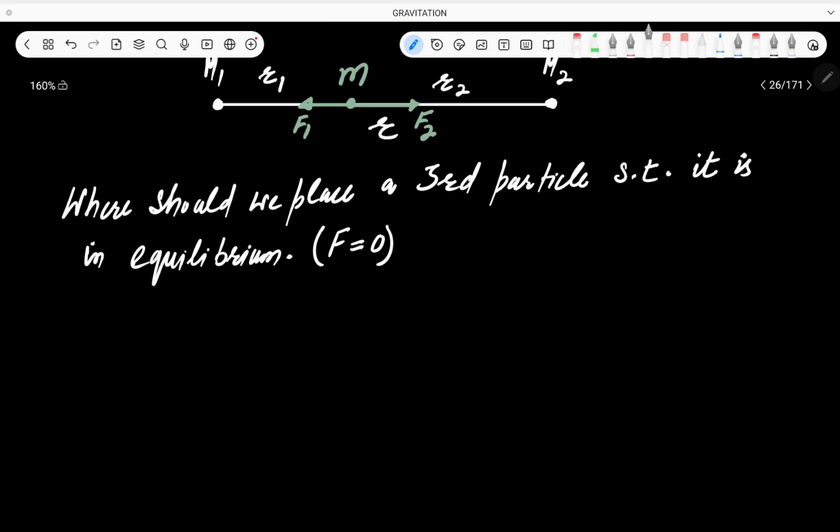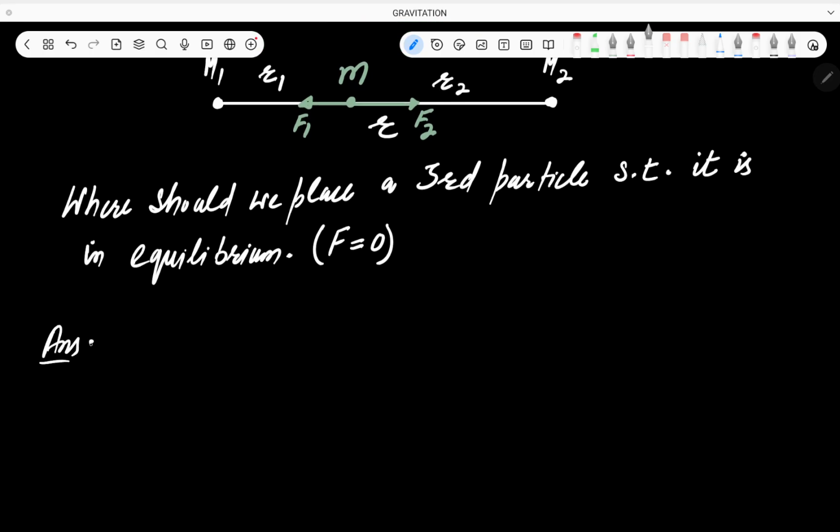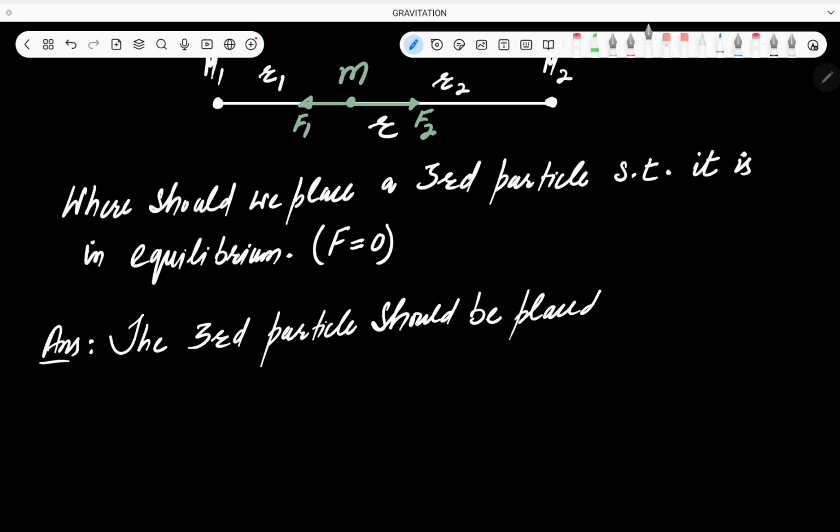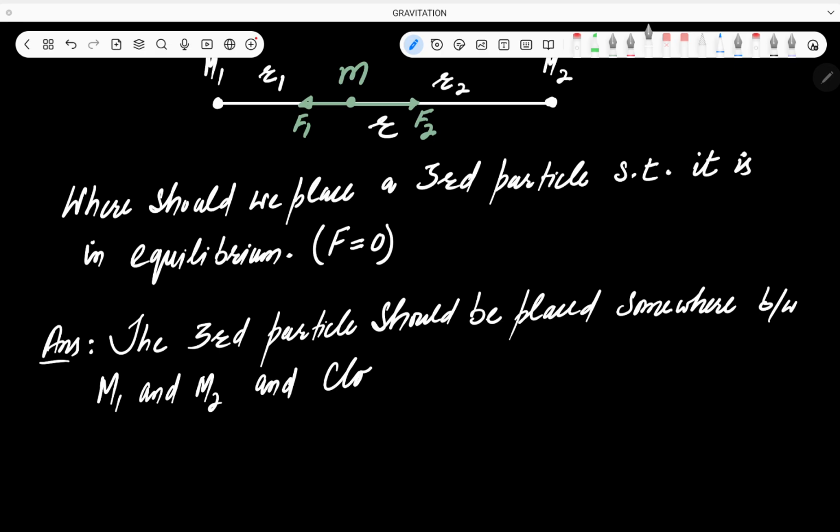The answer to this question is that the third particle should be placed somewhere between m1 and m2, and obviously closer to the smaller mass.